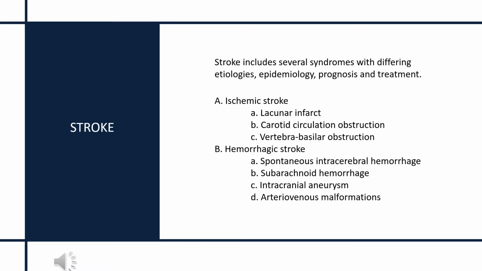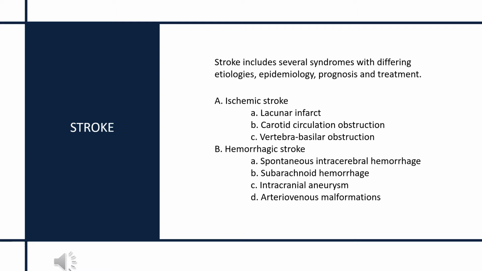So far we have established that a stroke can be due to occlusion or stenosis or a rupture of some vessel that supplies blood to the cerebrum or other parts of the brain. It can thus be divided into two major subtypes: the ischemic stroke and the hemorrhagic stroke. Ischemic stroke is more common compared to hemorrhagic stroke, and this ischemic stroke can further be divided into three subcategories.